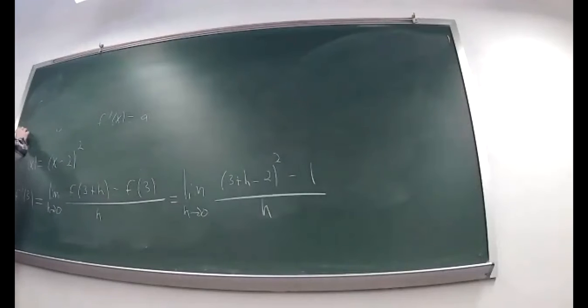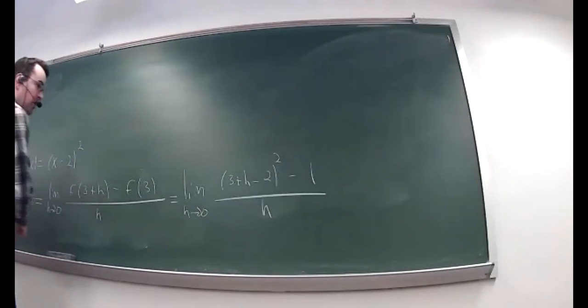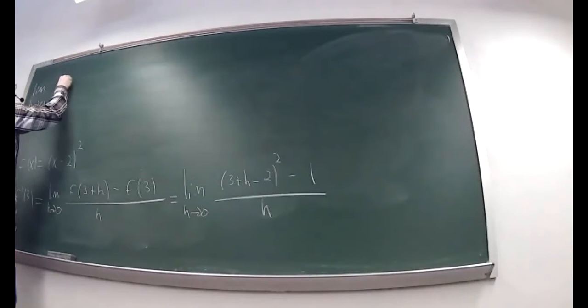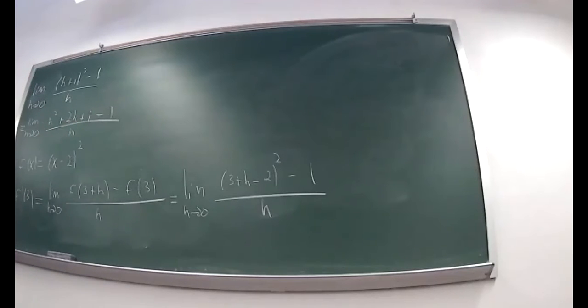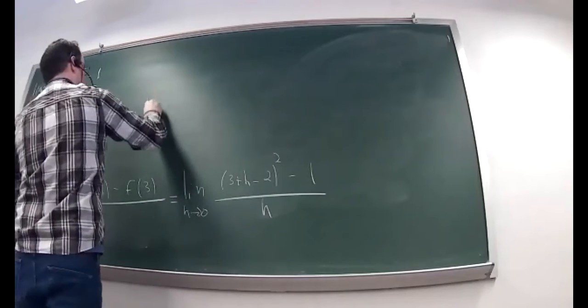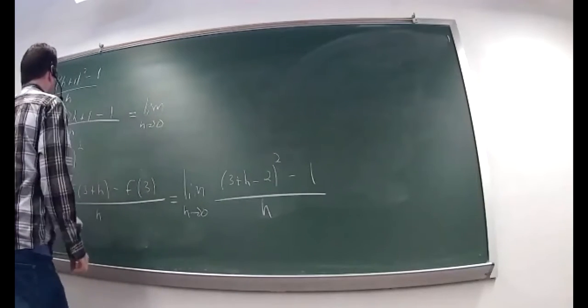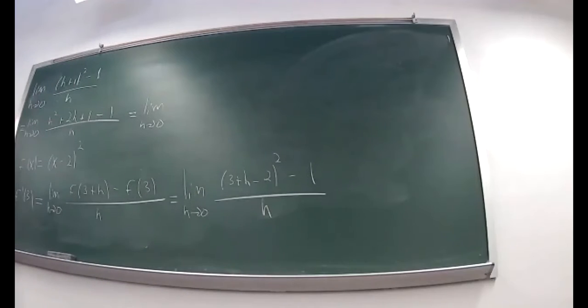I think I'll use this part of the board to do it. That's the limit as h goes to 0 of (h plus 1) squared minus 1 over h. Which is the limit as h goes to 0 of h squared plus 2h plus 1 minus 1 over h. And this is the limit as h goes to 0 of h squared plus 2h over h.